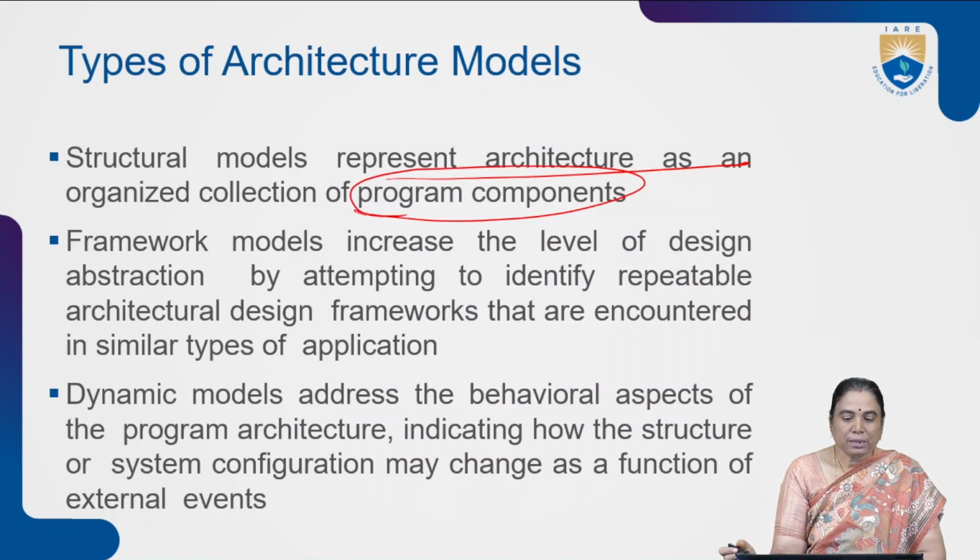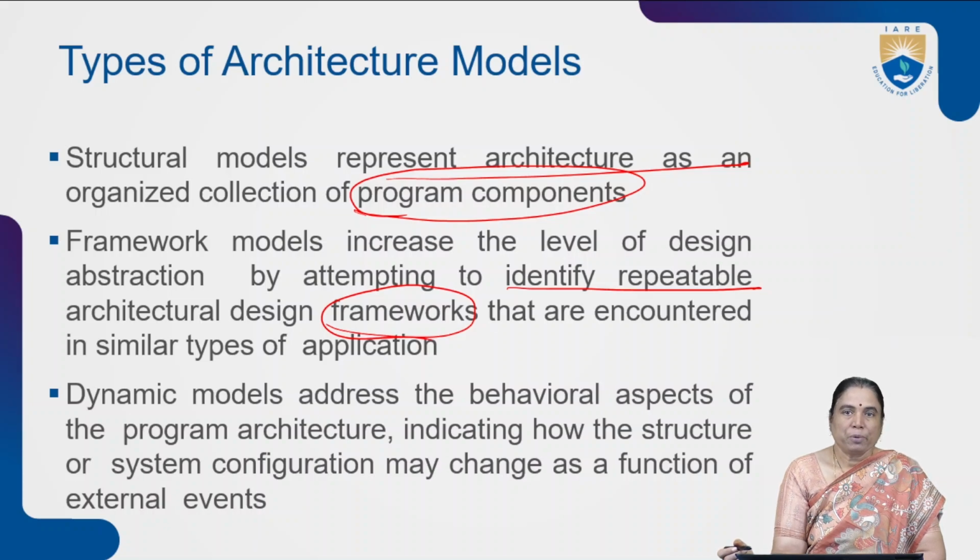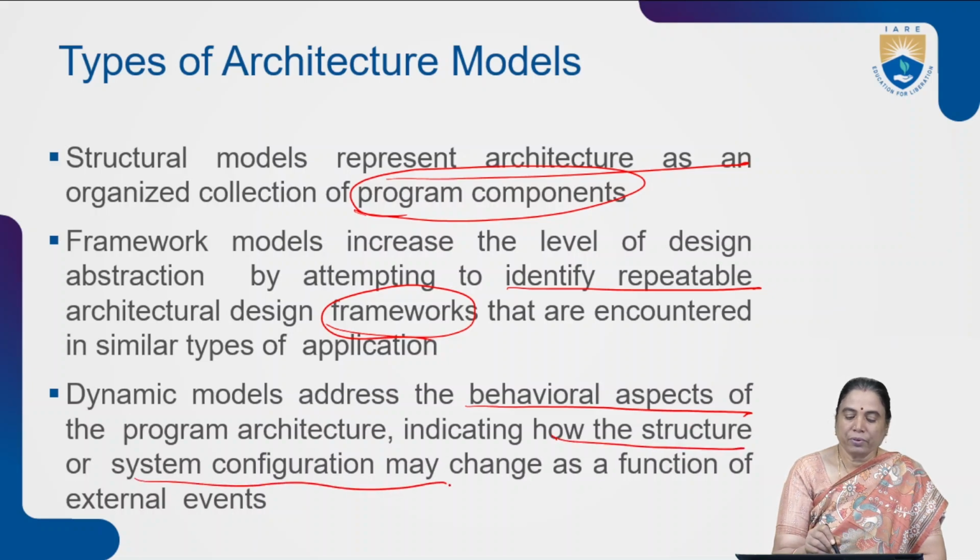The framework model increases the level of design abstraction by attempting to identify repeatable architectural design frameworks that are encouraged in similar types of applications. So it produces the framework for the development of the software. Dynamic models address behavioral aspects of the program architecture, indicating how the structure and system configuration may change as a function of external events.